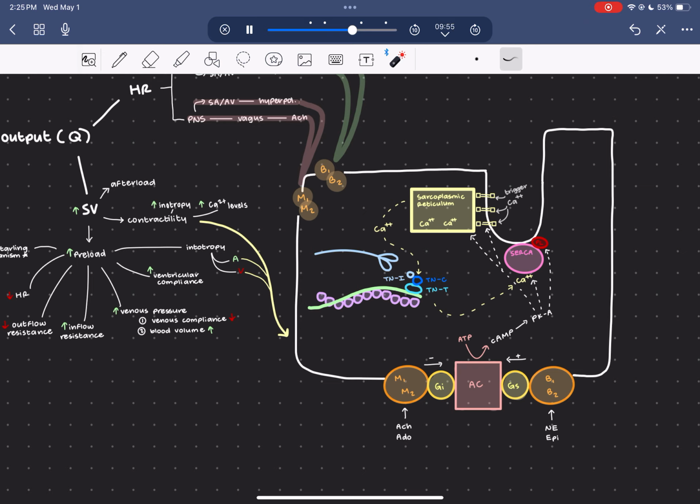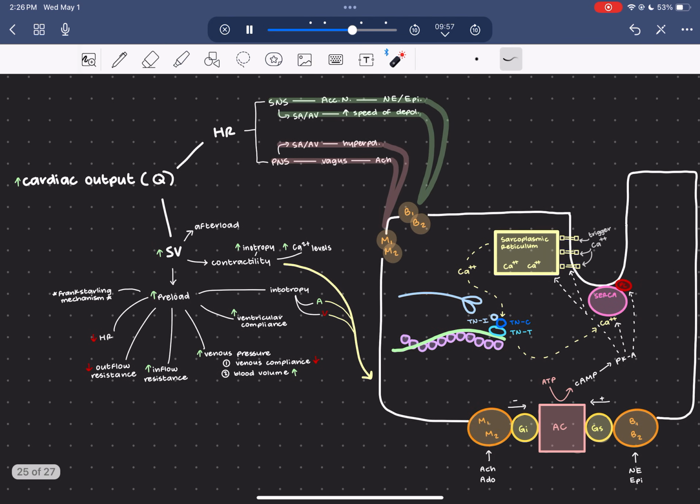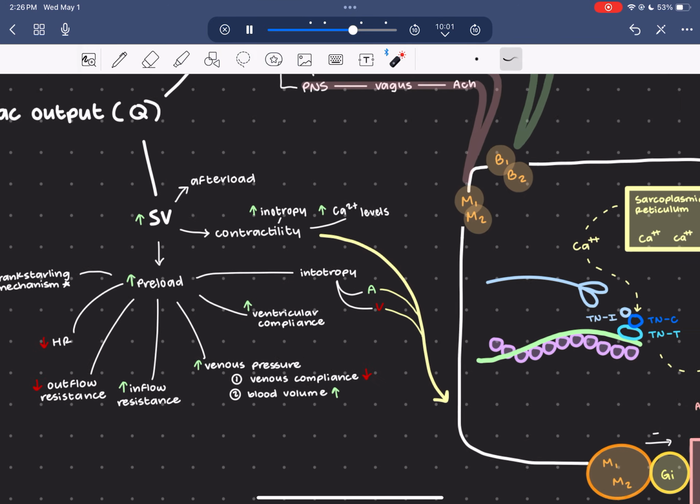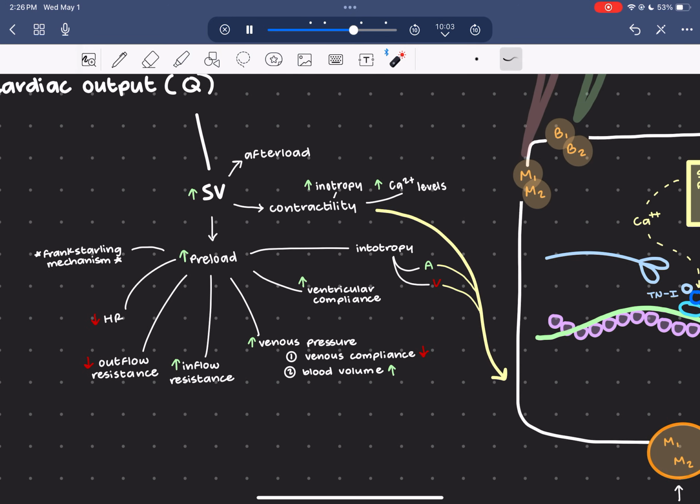Now, when looking at force, we know that inotropy is super huge when it comes to the regulation of contraction. And if we increase inotropy, we're going to have an increase in contraction, which causes an increase in contractility.